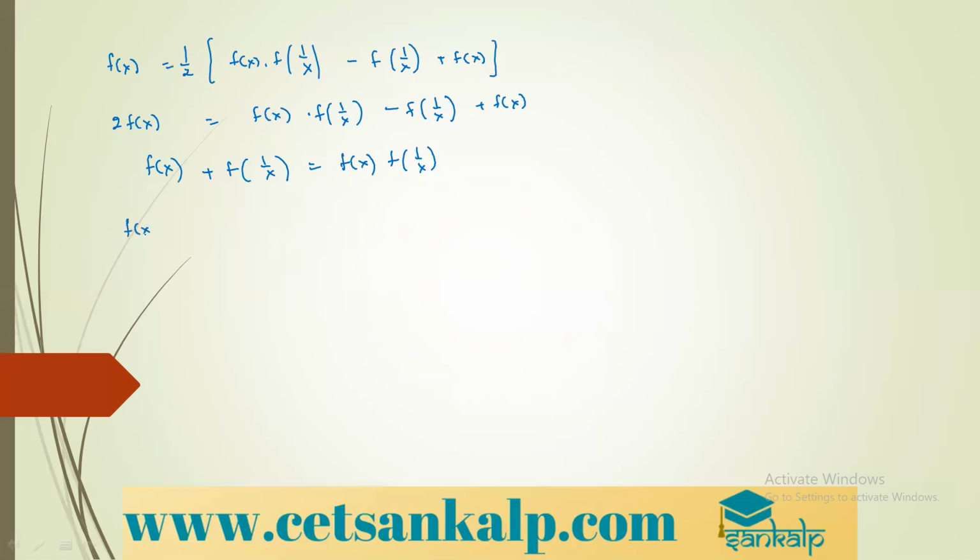Now, because f of x is a polynomial, it will be something of the kind a naught x power n, a1 x power n minus 1, and so on, a n minus 1 x plus a n. Like this I have for f of x.